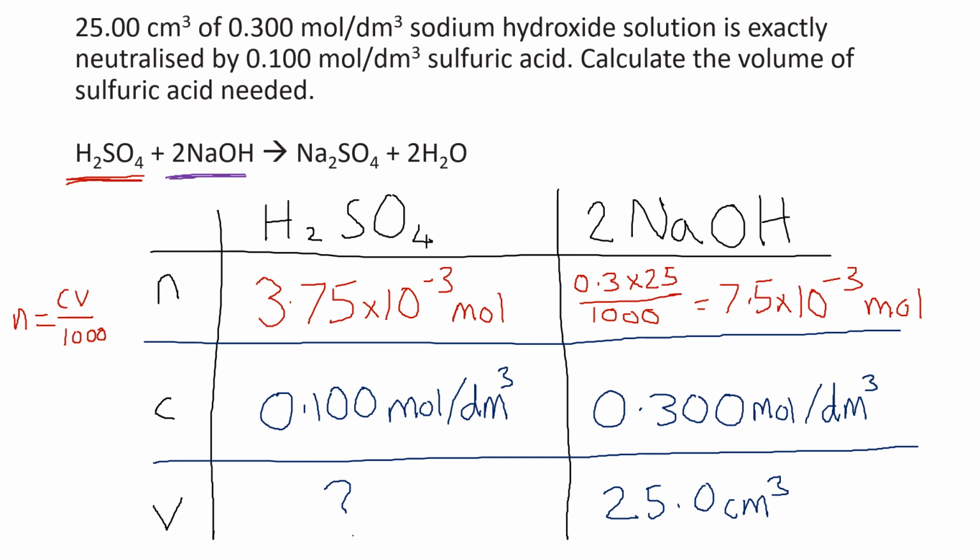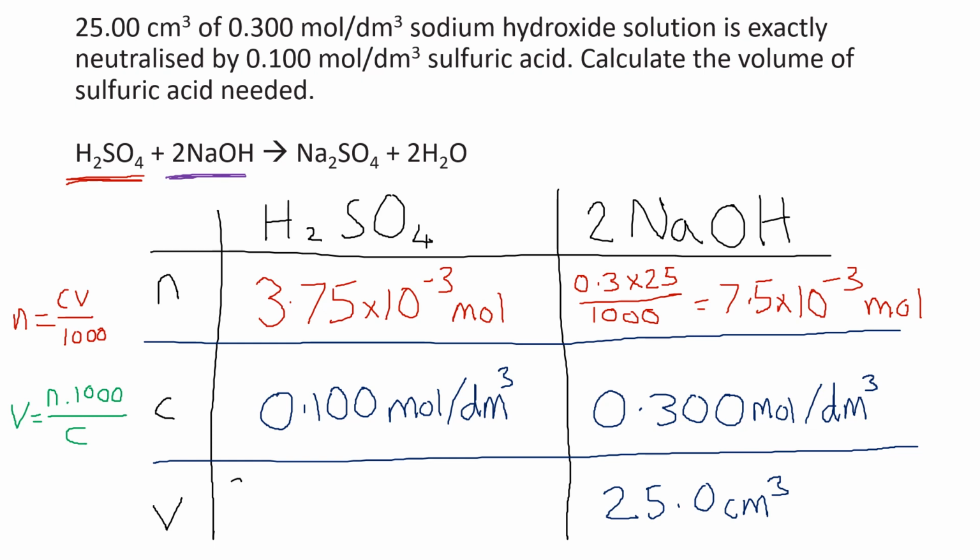So now we know the number of moles and the concentration. We need to rearrange our equation that's over here to make V the subject. So V equals N times 1,000 divided by C. So we can now start to plug some numbers in.